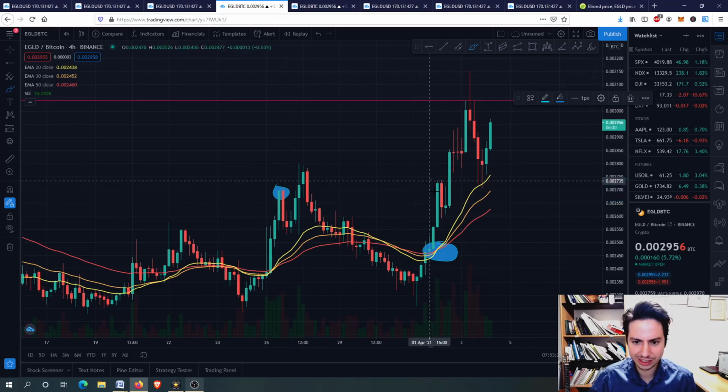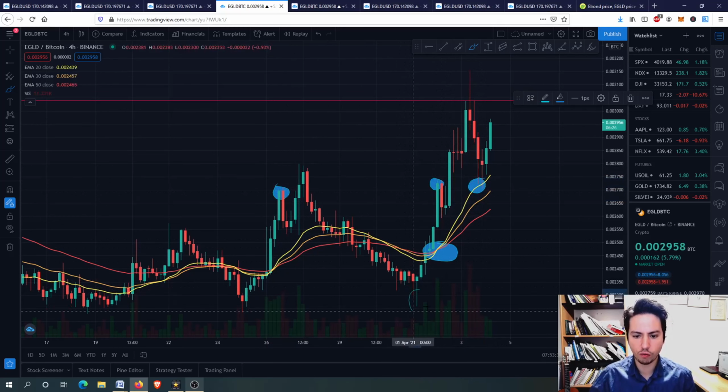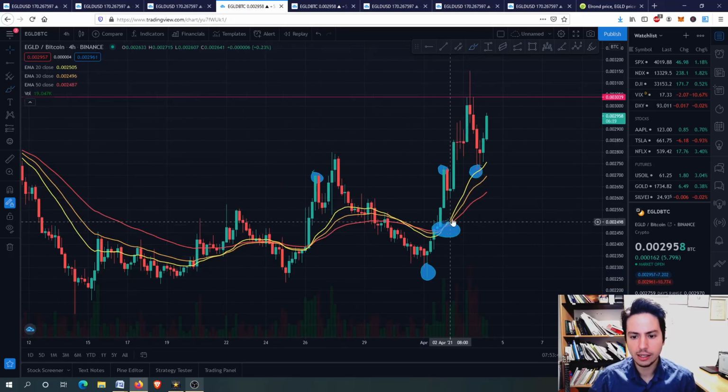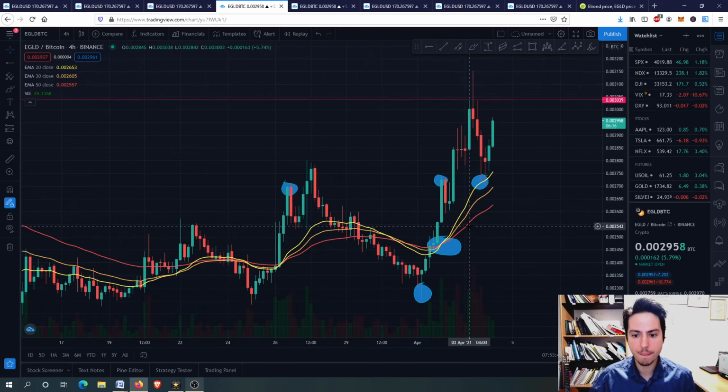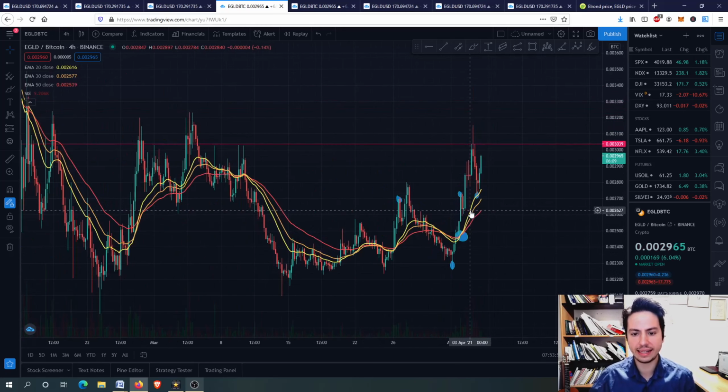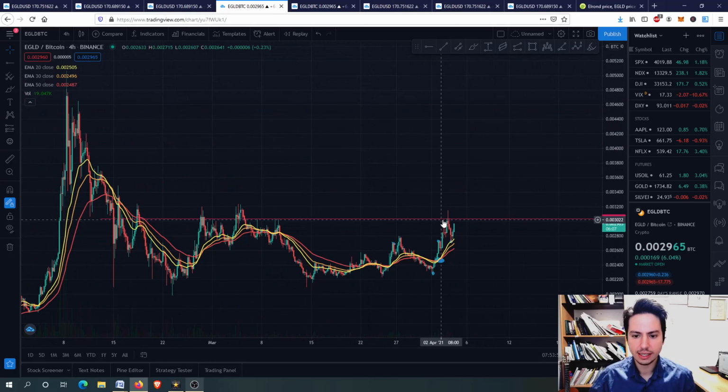Resistance level, and now new high low, from here till here. So we crossed this red line, which is the 50-day EMA, went beyond the 30-day EMA and the 20-day EMA and remained here. And of course I like that.